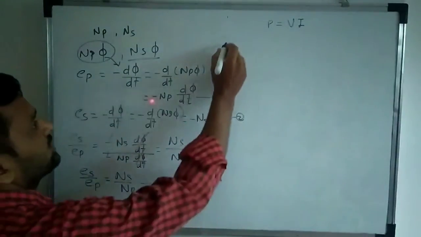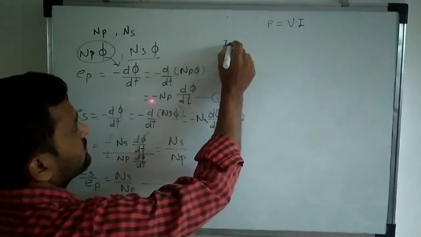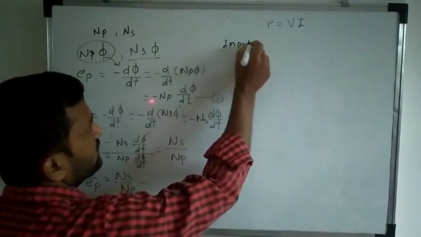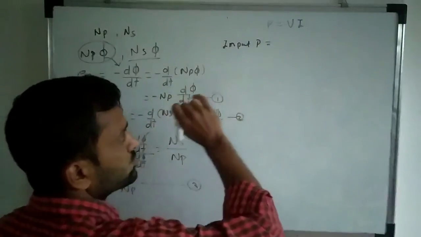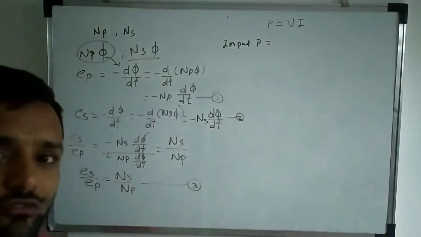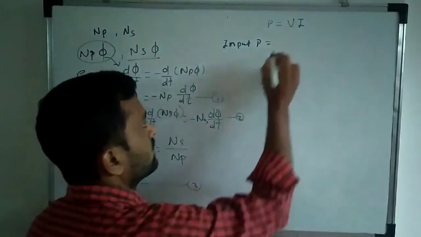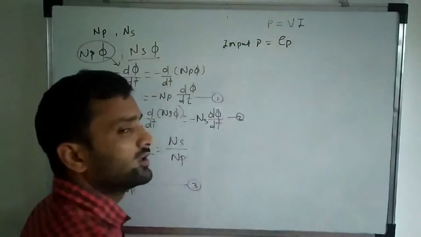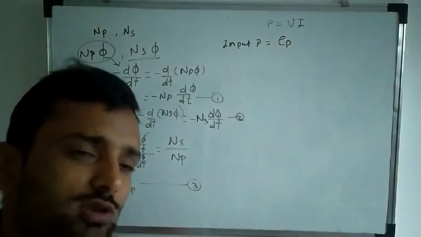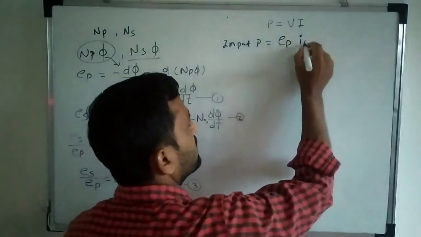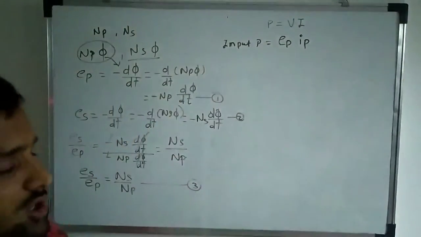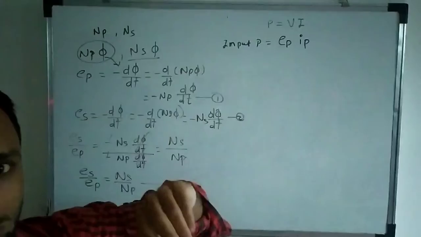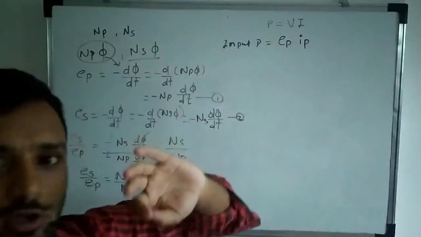Input power is equal to, what is the EMF at the input? It is EP. And what is the current across the input? It is IP. So instead of writing V we can write EP, and instead of writing current we can write IP.